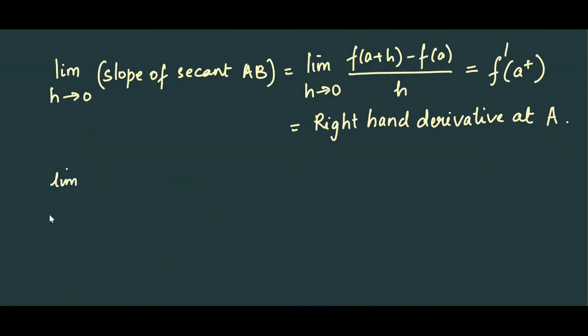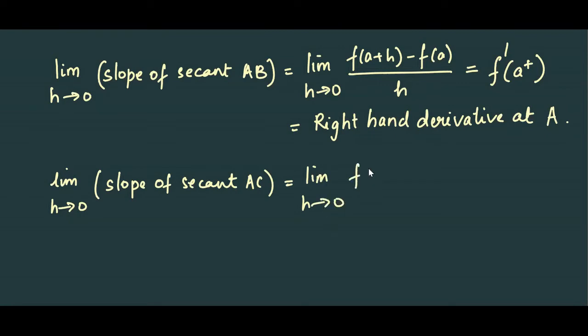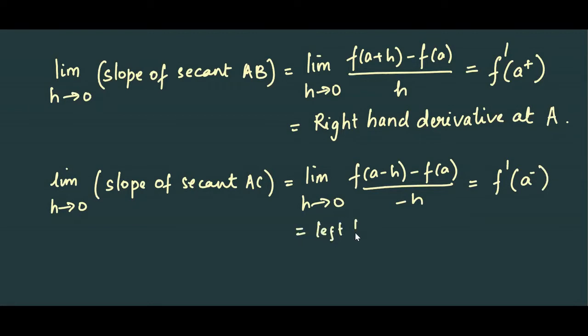And if you take the limit of the slope of secant AC, which is limit h tending to 0, f of A minus h minus f of A upon minus h, is equal to f dash of A minus, this is called the left hand derivative at A.